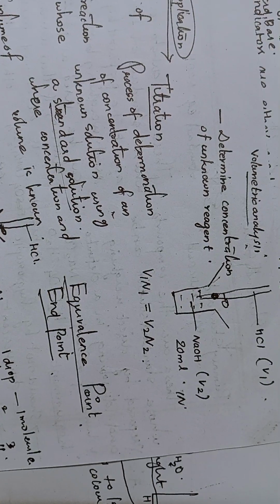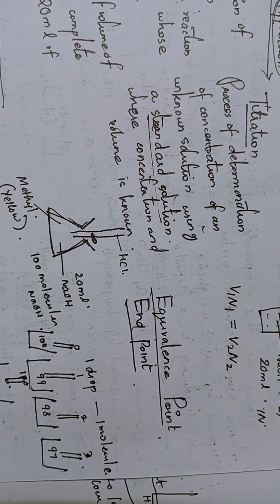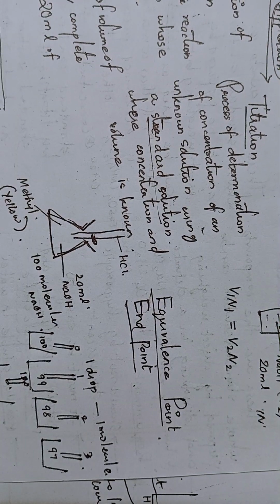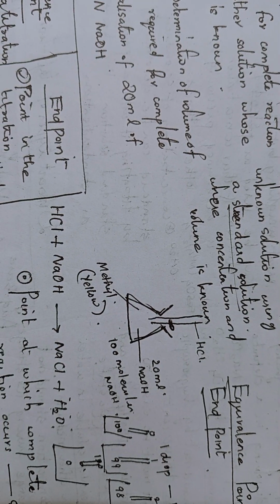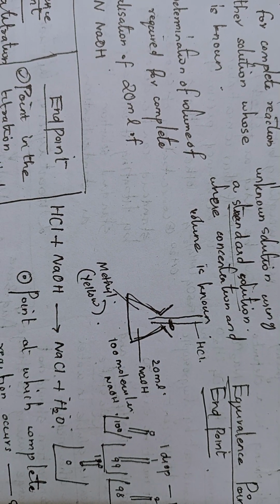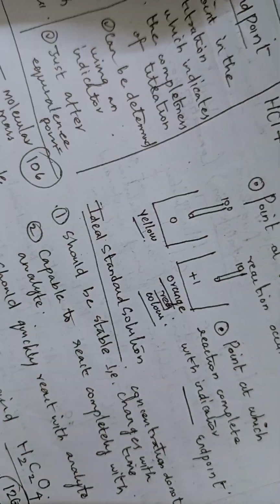When you are coming to titration, we have discussed what is equivalence point and end point. Then we also know what is a standard solution, titrate, titrant and everything regarding that.